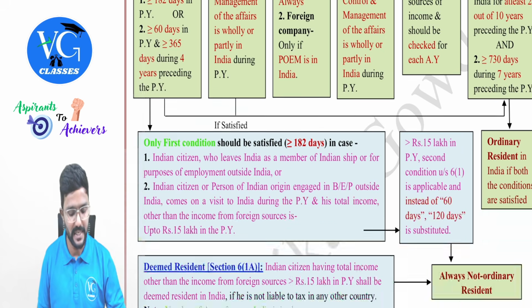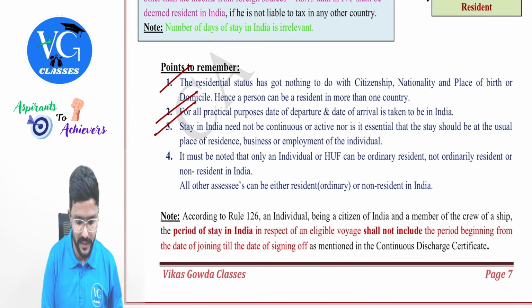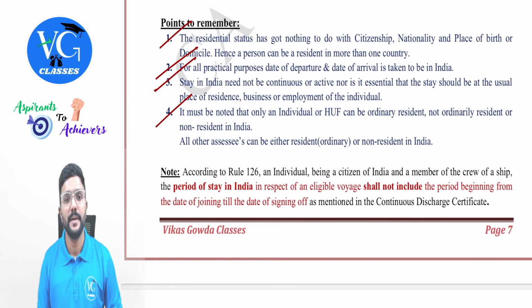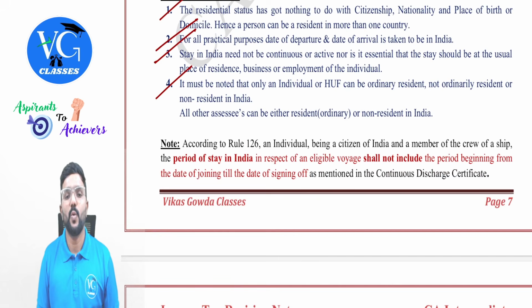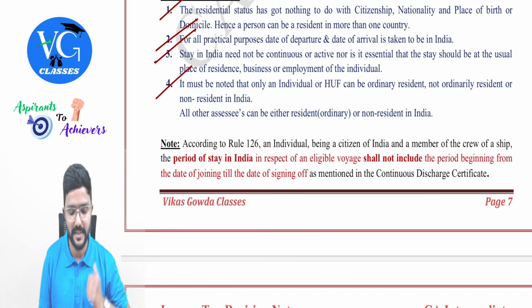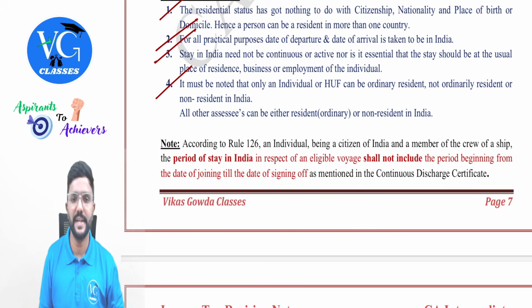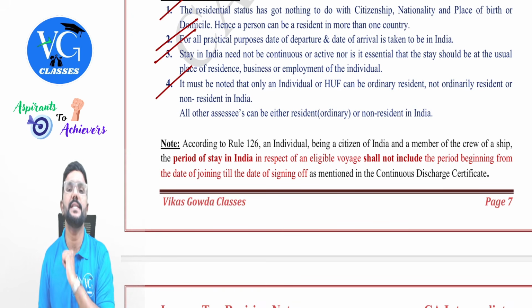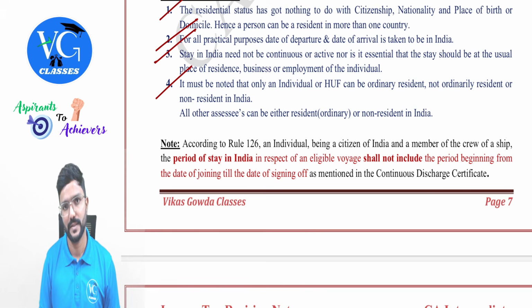Is that clear? That is what I have given in the fourth point. It must be noted that only an individual or HUF can be ordinary resident, not ordinary resident, or non-resident in India. So there are three possibilities, whereas all other assessees can be either resident, which is ordinary resident, or non-resident in India, guys.